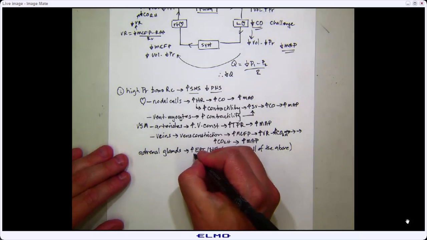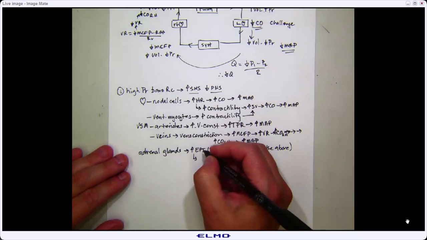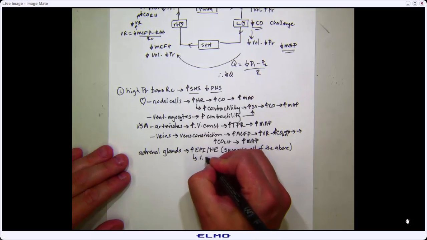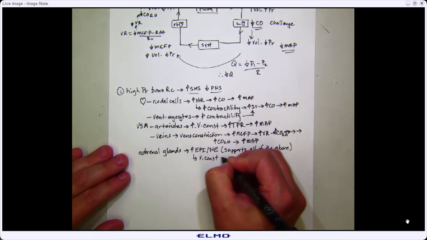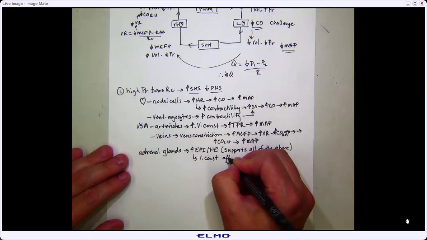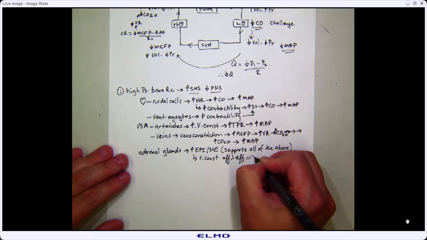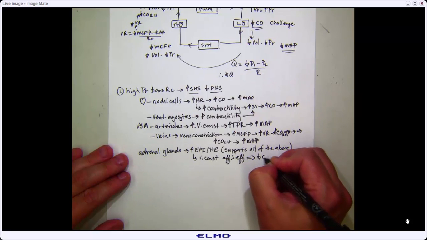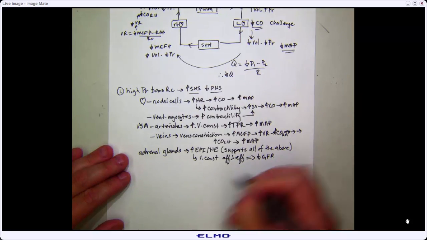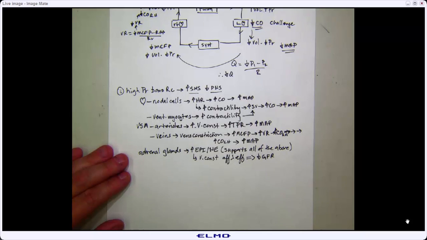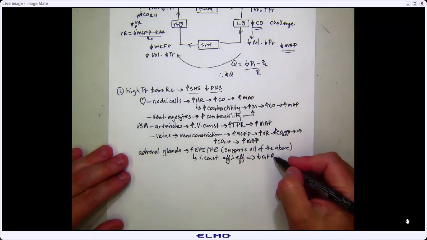And we did see that epi was a vasoconstrictor of afferents greater than efferents. Okay, so this is going to work to decrease GFR. Now, the reason we would be decreasing GFR, we want to decrease the filtration rate, right?